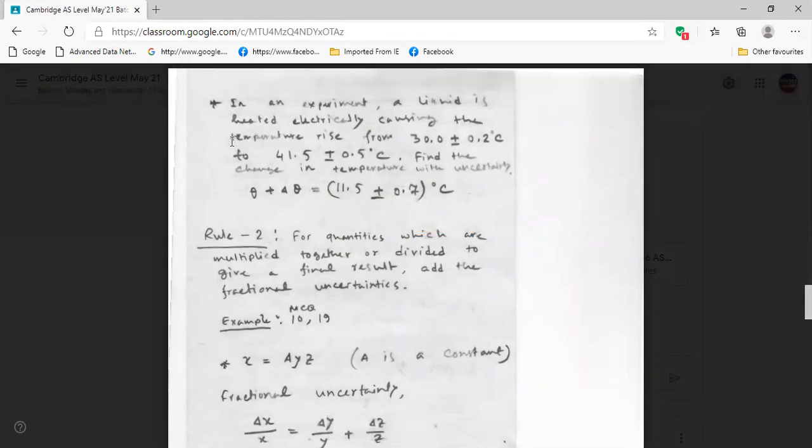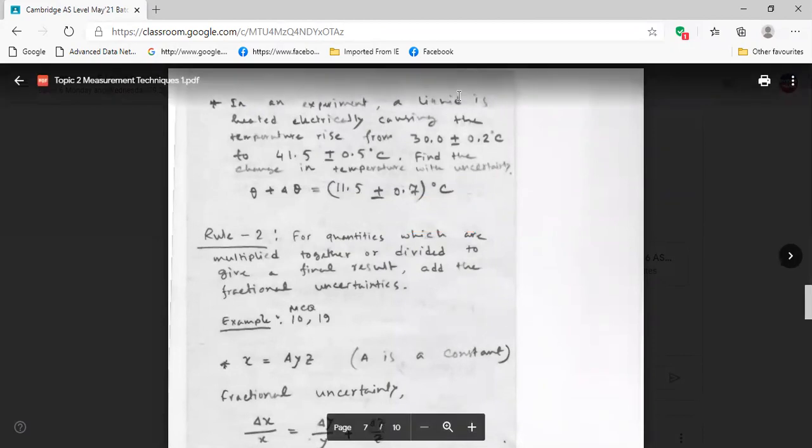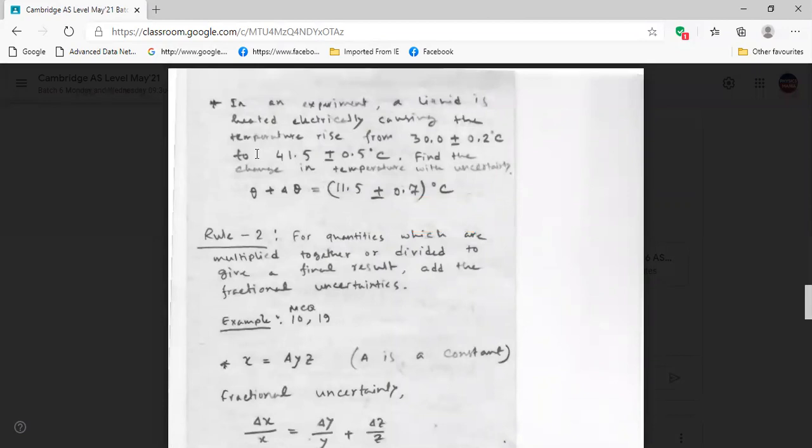Now look here. Previous one we did addition. This one we are doing subtraction. And the interesting matter is when we are doing subtraction, we are subtracting the original or measured values, but the absolute uncertainty we have to add. You have to remember this.